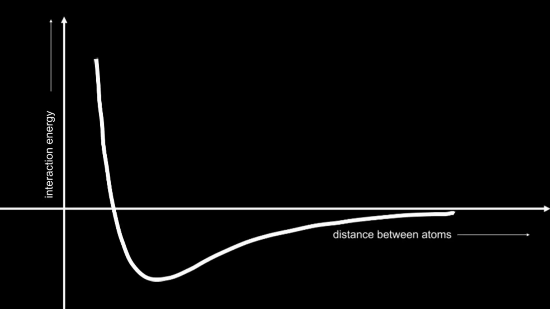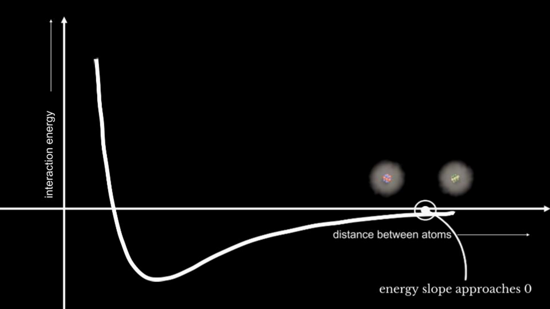Let us look at this graph in a bit of detail. At greater distances, the atoms cannot experience any type of interaction energy, and thus the value of the energy is zero, which is depicted by a slope of the graph which is almost zero.